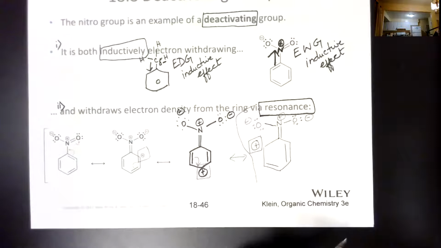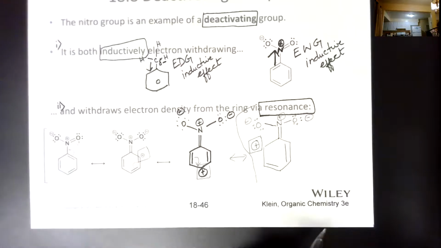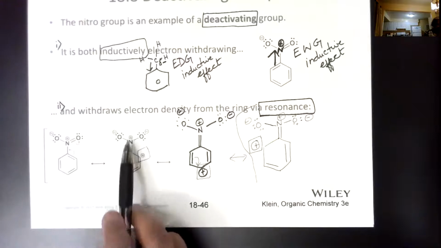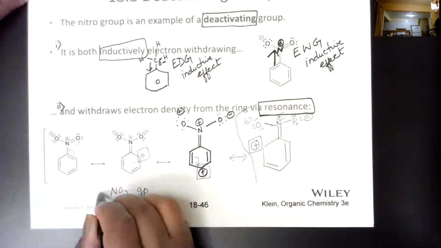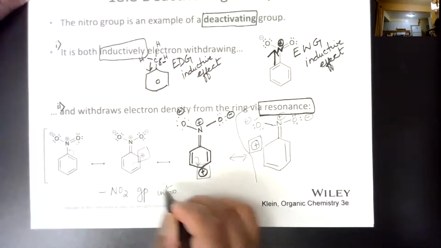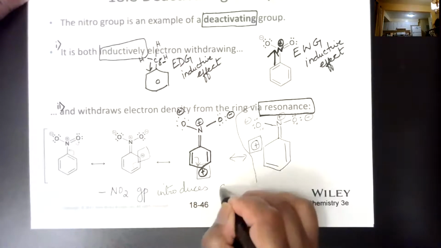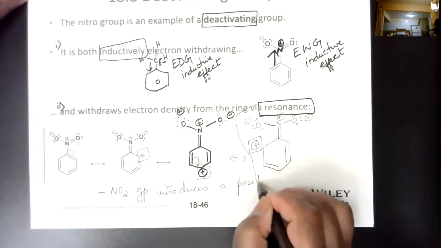I'm going to compare this with what we had in the case of the methoxy group. Let me pull that up. Okay, so the nitro group introduces a positive charge into the ring.